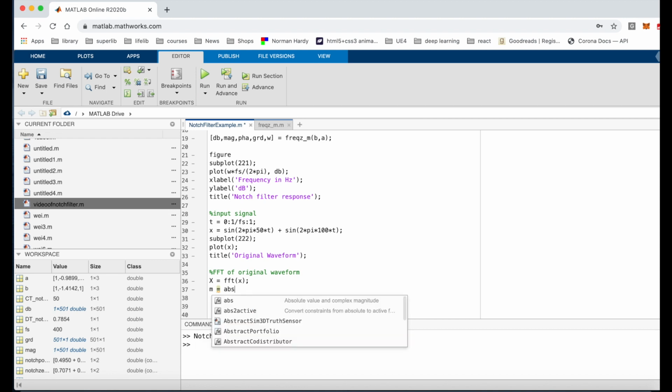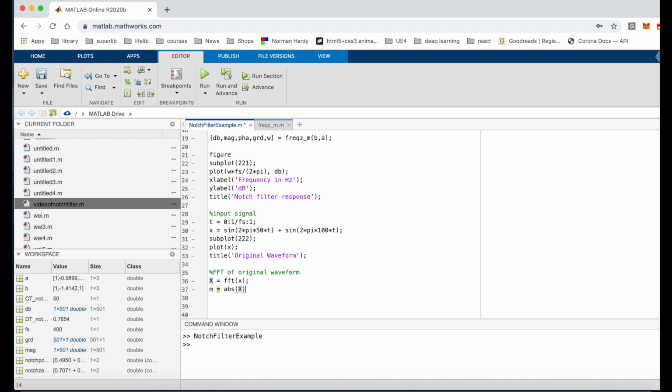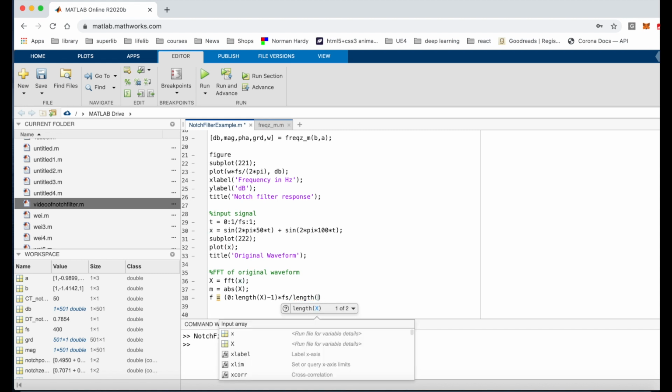So here we could define M equal abs of capital X. Since in the time domain it's t and in the frequency domain it's f, we need to define the f vector to plot the input signal spectrum. The f will be from 0 to length of x minus 1, times fs divided by the length of x. So f is the frequency vector in the frequency domain.